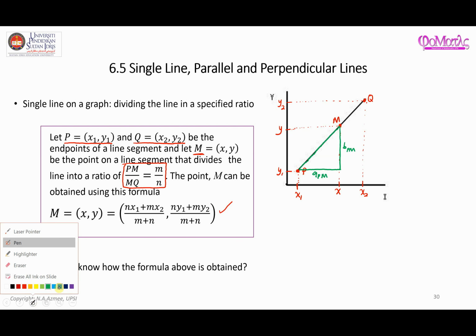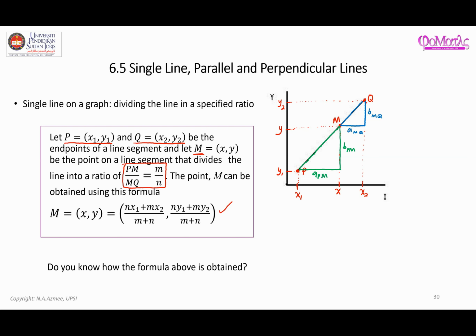Next, another right angle triangle can be constructed at the top. This is the right angle triangle that corresponds to the distance MQ. So I'm going to call this A_MQ, and this one is B_MQ.